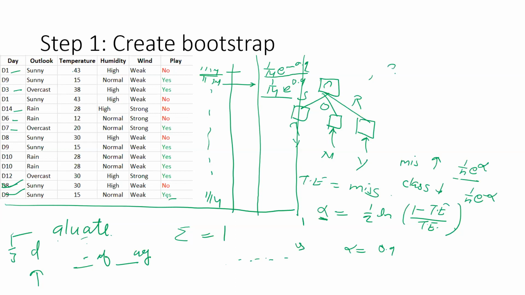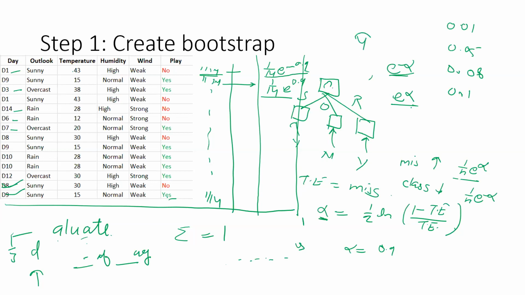Okay, so you can take e raised to the power minus alpha for correctly classified points and e raised to the power alpha for misclassified points. Assume this is your new sample weight. Normalizing means the sum over all these values should be 1. Let's say the new weights are 0.01, 0.05, 0.08, 0.1, something like that, for just 4 examples.